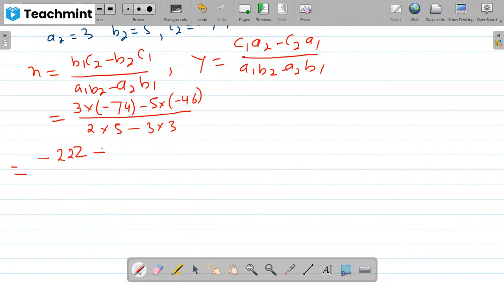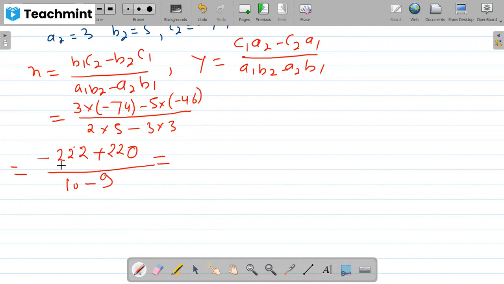Here minus minus is plus: 5 times 6 is 30, 5 times 4 is 20, plus 2 is 22, so 230. And here 5 times 2 is 10, minus 3 times 3 is 9.